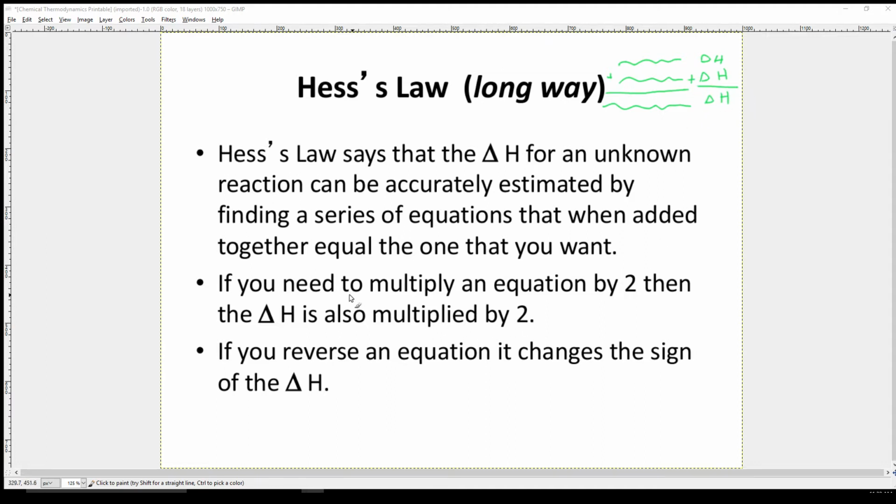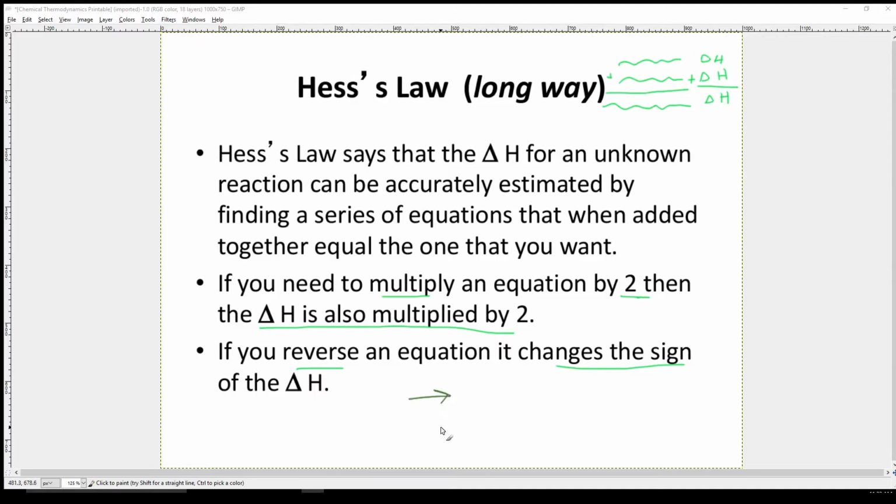So you just need to remember that there is a multiplication rule as well as one that involves reversing the equation. If you multiply an equation by 2, then you're also going to multiply delta H by 2. If you reverse an equation, if you flip it, then you're going to change the sign. Be careful, this is different than with equilibrium.